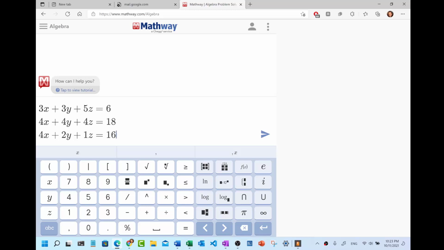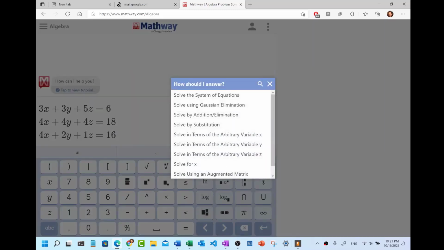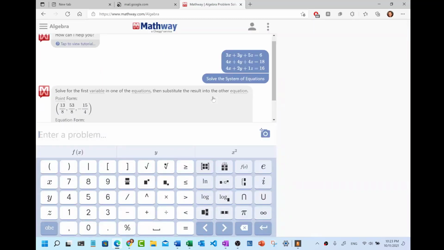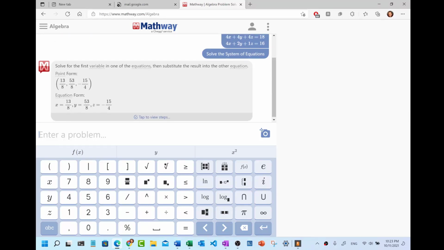Ready? 3, 2, 1. Hit enter, and it's going to ask you what you want to do: solve the system of equations, solve using Gaussian elimination, solve by addition or elimination, blah, blah, blah. Just solve the system. One click, 2 seconds later, you're finished. So here are the answers to the question.